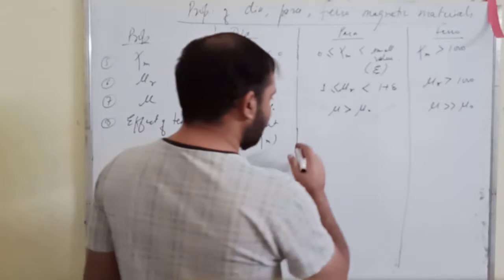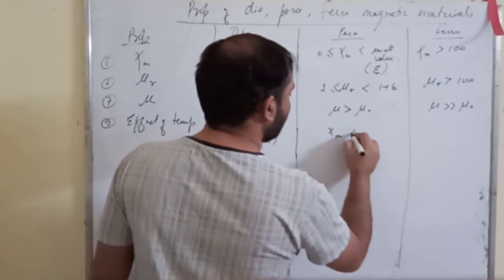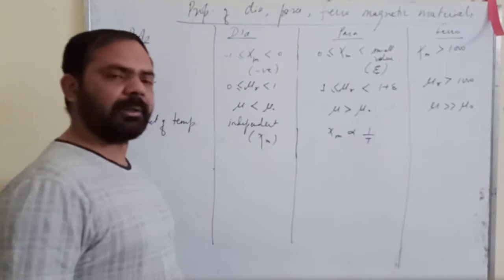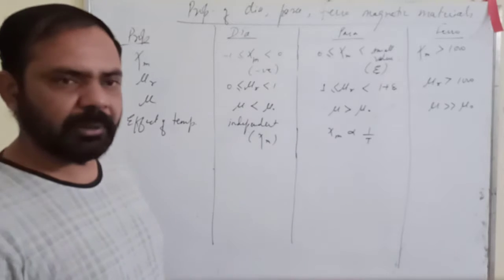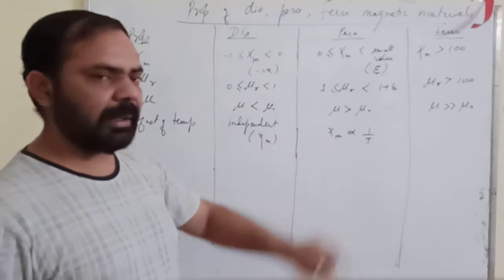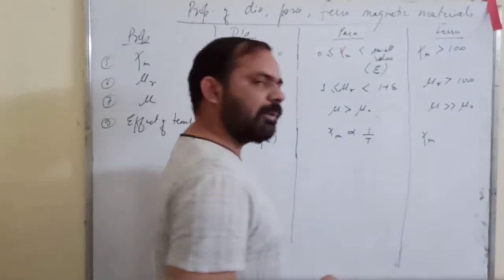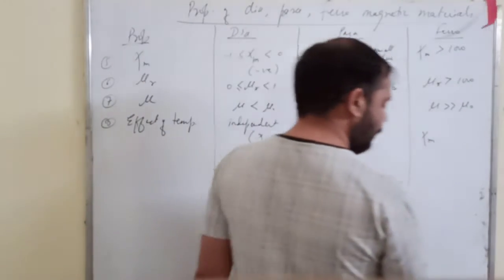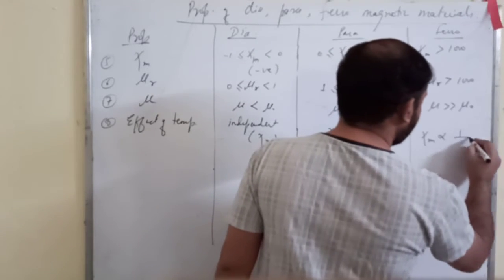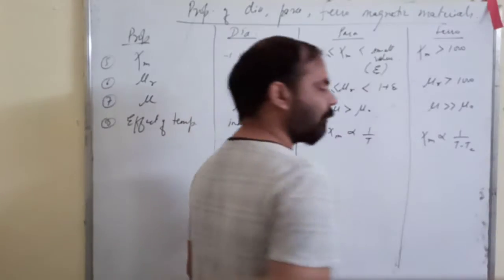What is the relation here for chi m? For paramagnetic materials, according to Curie's law, it is inversely proportional to the absolute temperature. We have Curie's law for the dependence of chi m on temperature. And for ferromagnetic materials we have the Curie-Weiss law, and it depends on 1 upon T minus Tc. What was Tc?